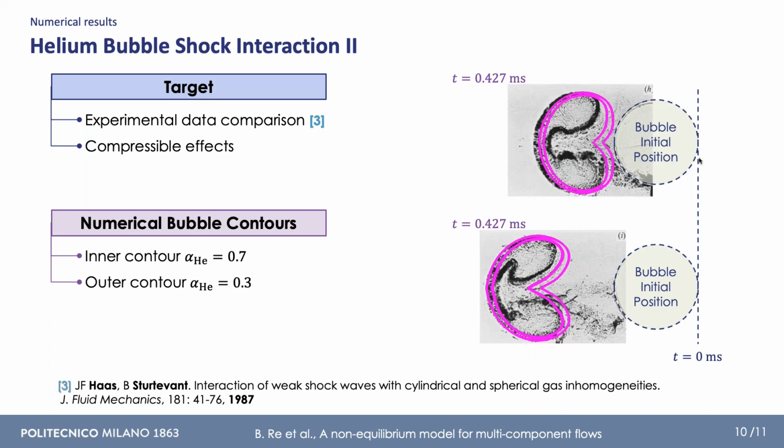Moreover, we can compare the numerical results with some experimental data that are available in the literature. In particular, we compare the position of the bubble after some time, and we can see that we have a good agreement on the front position, while the shape of the bubble is not perfectly recovered. We think that this is mainly due again to dissipation, because we are using only a first order scheme.